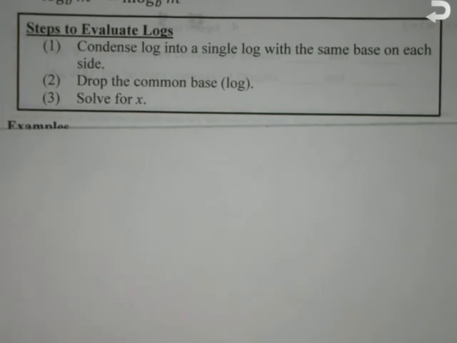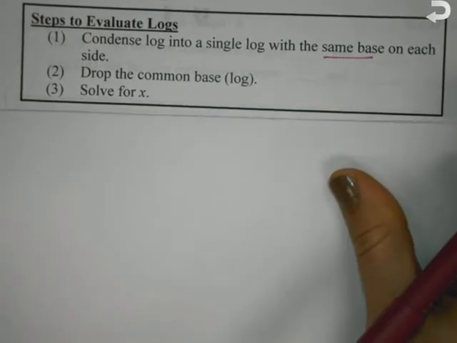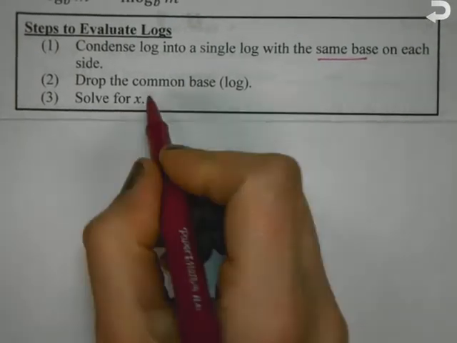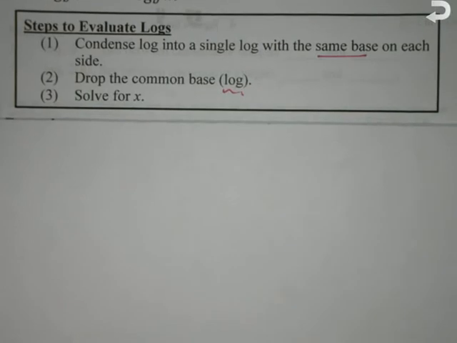Make sure they have the same base, and at that point we can drop the common base, or drop the entire log, just like we did before with exponents, and we'll be able to solve for x. So we're doing the exact same thing that we did with exponents in 8A, but now with logs instead. But the idea is still the same.